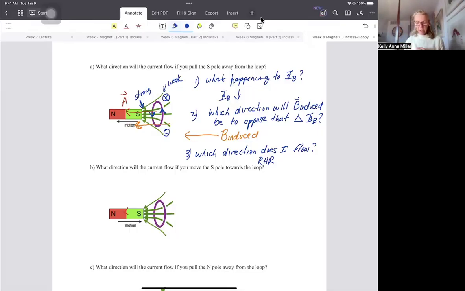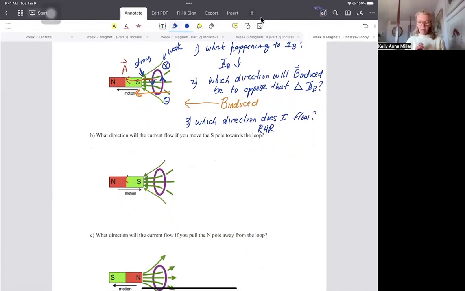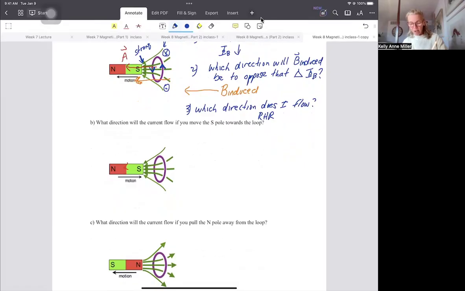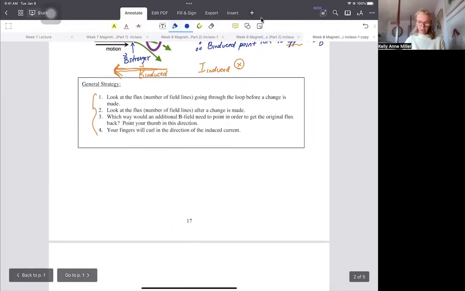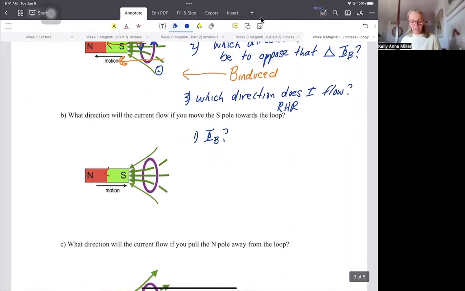So that's another example. Let's do this one. What direction will the current flow, same question, if you move the south pole towards the loop? Okay. So first question, what is happening to the flux? So I'm moving the magnet towards the loop.